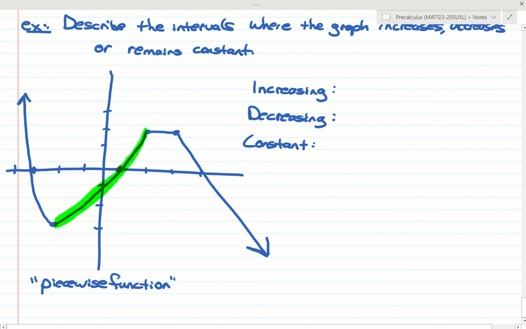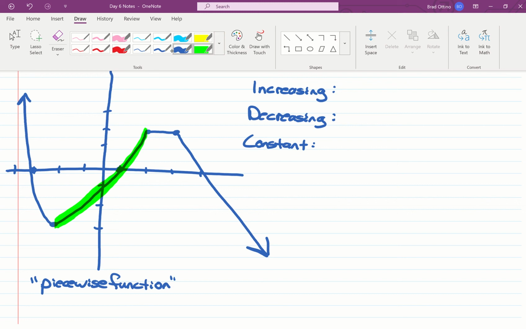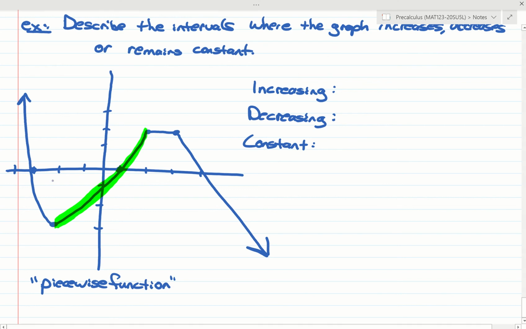So when we're naming that interval we use x values. Looks like it's from -2 to, let's see, it's not exact, but I'll put it right here, to +2. The graph looks like it's increasing. We always use open intervals when we're describing increasing, decreasing, or constant.